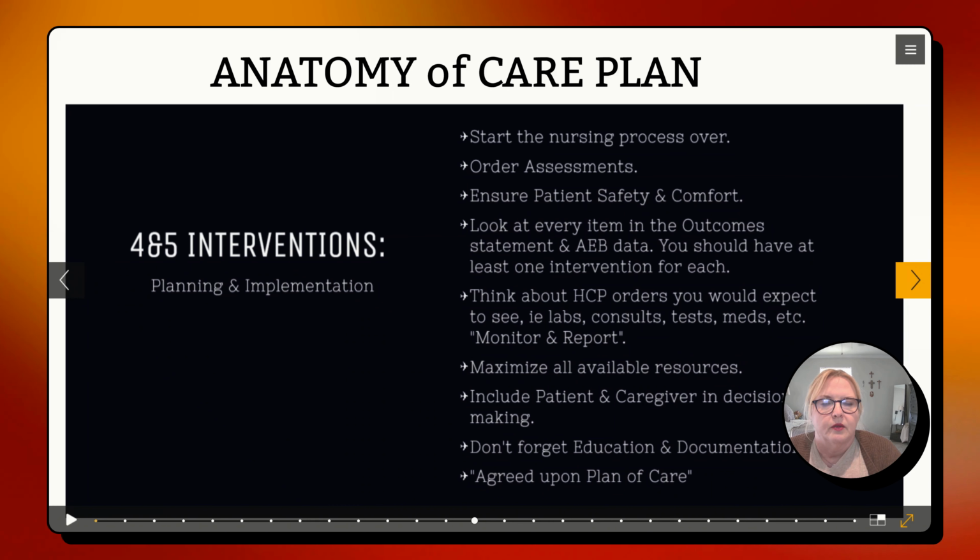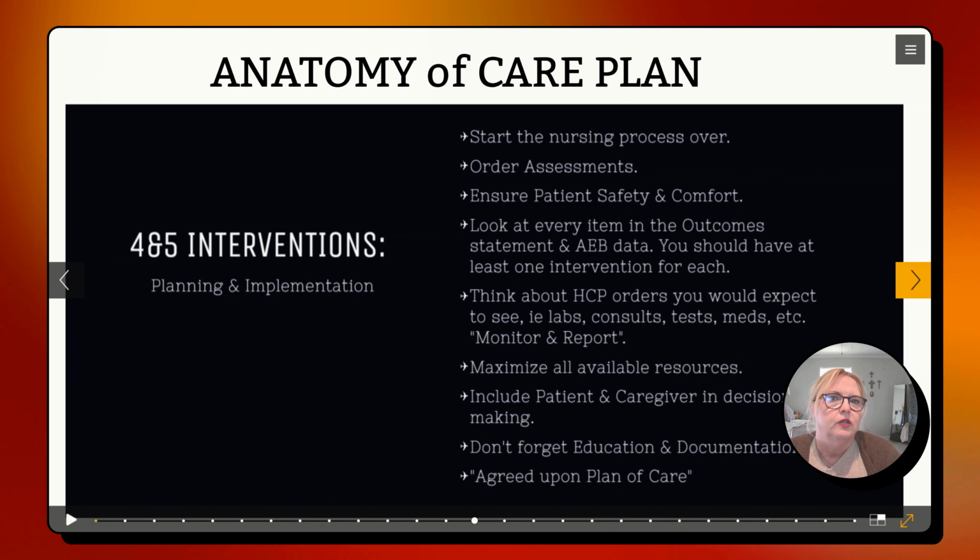If their lab work was off, you're not writing an order for the lab work, but you're writing the order for the nurse to check the lab work. So that intervention might be written as check H&H daily or as ordered per healthcare provider, and that you'll note the outcomes and identify the healthcare provider as needed.